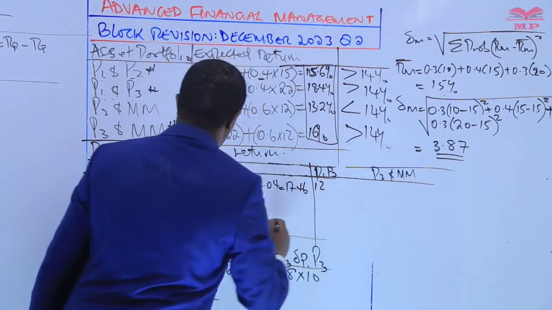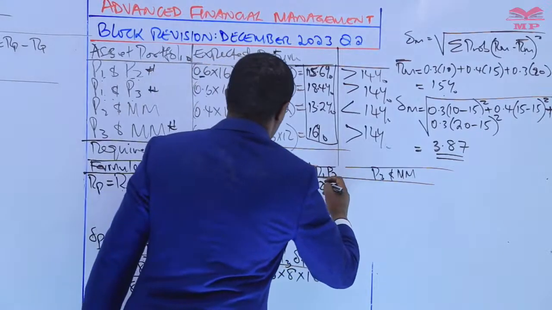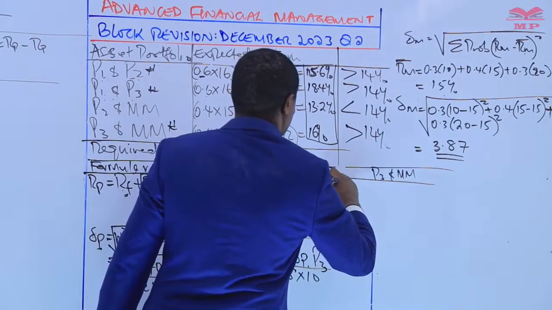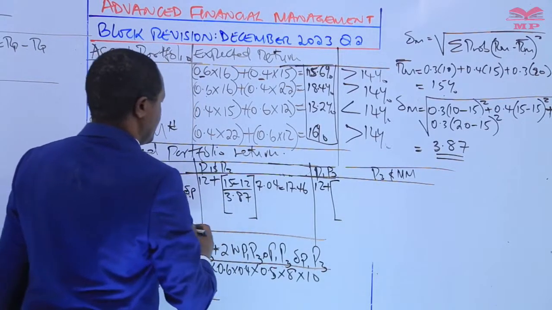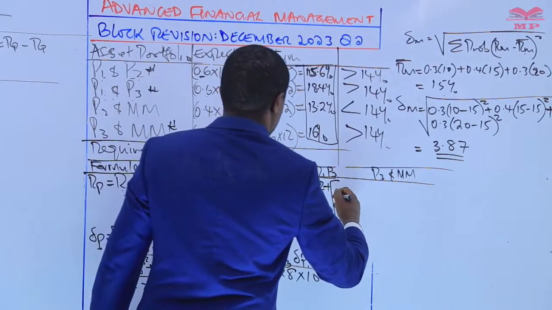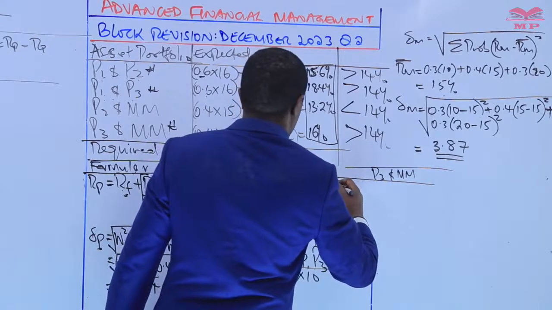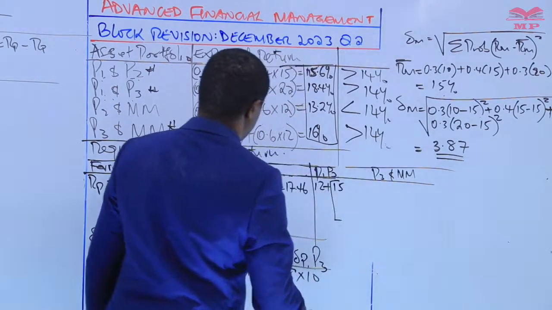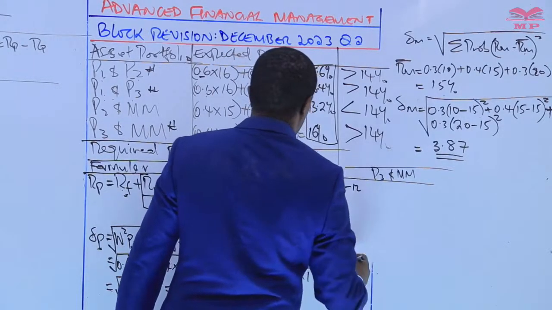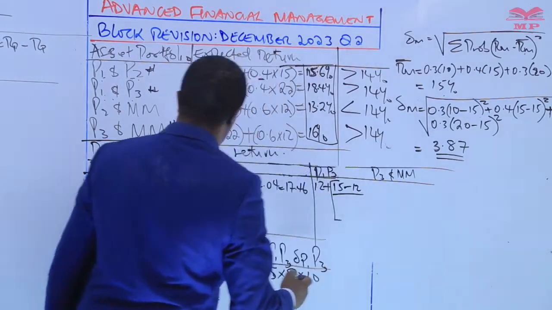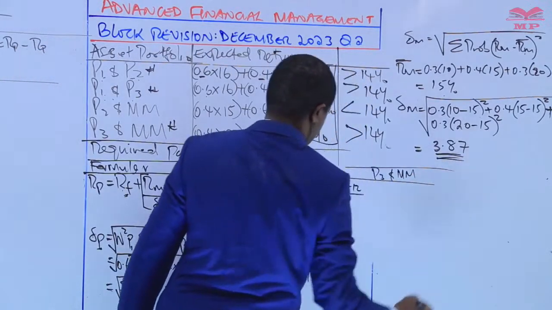It's 12, the risk-free rate, 12 plus the return from the market, which remains the same. That is 15 minus 12, divided by the market standard deviation, which is constant.